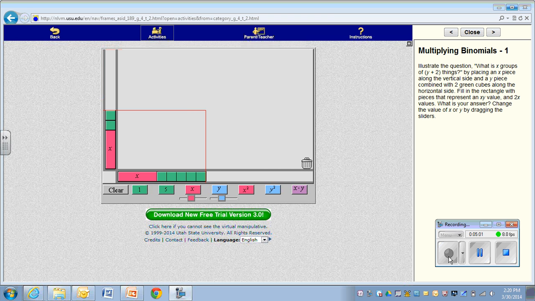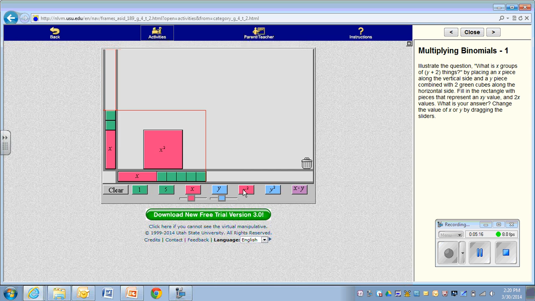All right, next up we have x plus 5 times x plus 2. Those are my two factors, two binomials. Again, I need to find the area of this rectangle. So first of all, I'm doing x times x. That's going to be x squared. Then I'm going to do these 5 times this x.